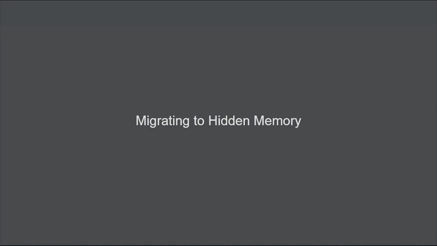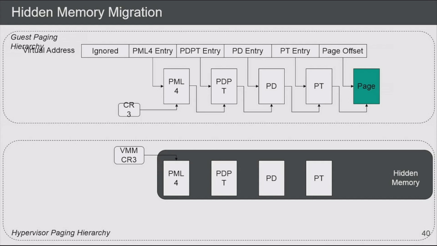As I said before, there's some point during the installation progress where we need to migrate the rootkit's code into the hidden memory. Therefore, I want you to assume that we have a page of the rootkit, for example, in its code section, which we start off by simply copying into hidden memory.